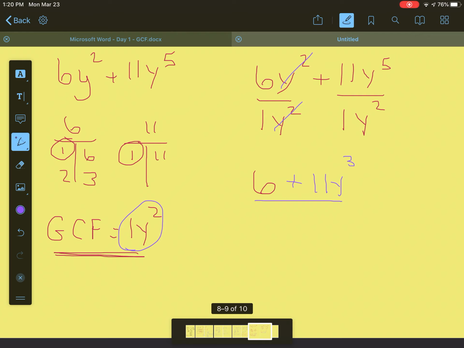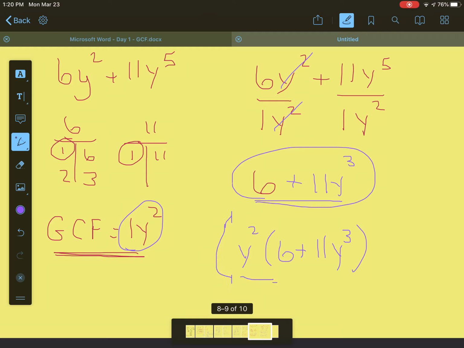So you don't need to write the 1y squared, I'm just going to write y squared, it's the same thing, and then in parentheses you're going to put this, 6 plus 11y cubed. And this is your final answer. And I'm trying to circle it. There we go. Okay. All right.